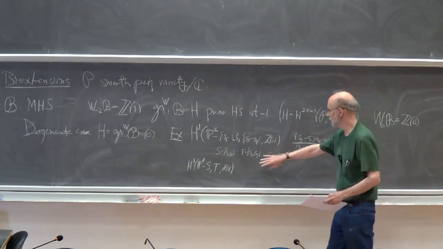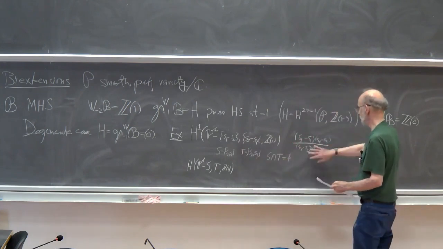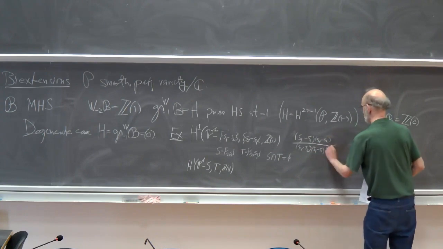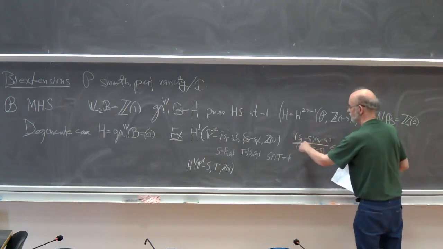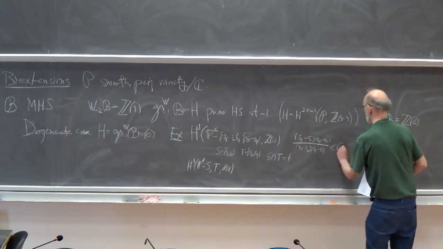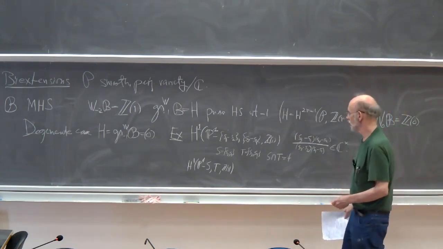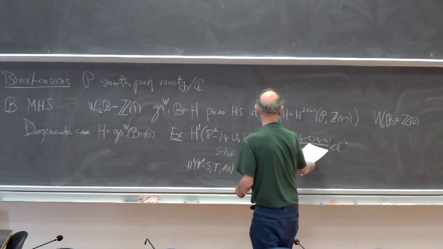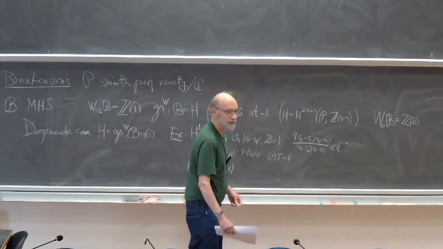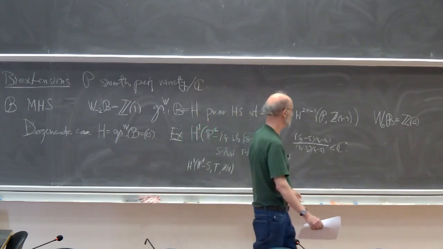So having assumed that these two sets are disjoint, this is a finite number. So assuming that the points are distinct, this is in C star. Right? So that, of course, was known to the ancients, and that's the so-called cross ratio.